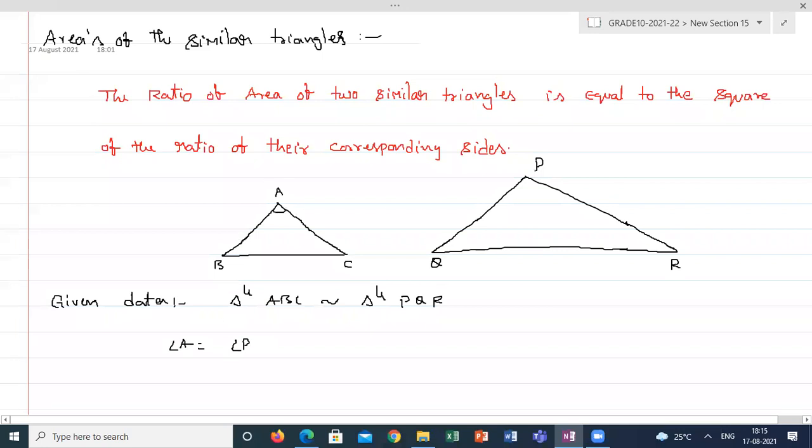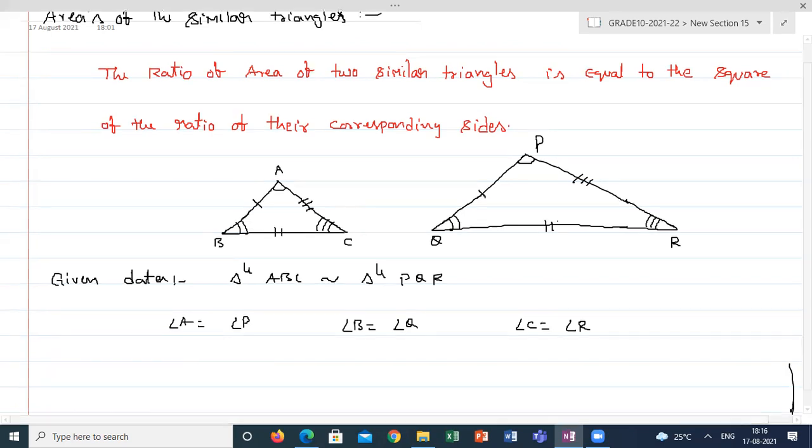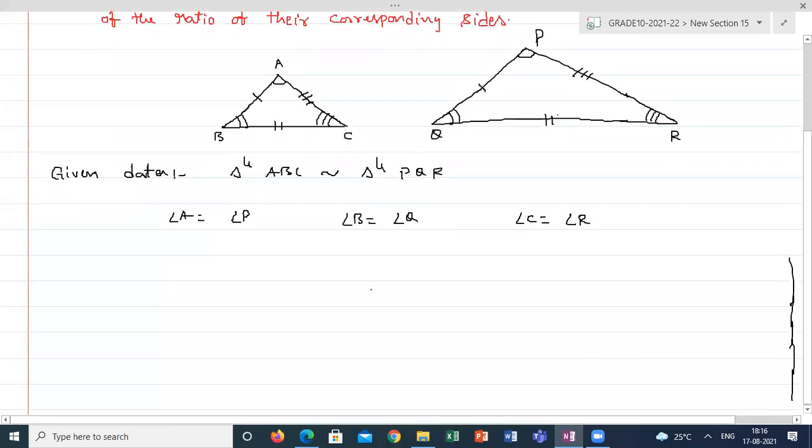Angle A is equal to angle P. Angle B is equal to angle Q. And angle C is equal to angle R. Then the corresponding sides are: AB corresponds with PQ. It's not equal, I am just saying corresponding sides. BC corresponds to QR and AC corresponds to PR. So if two triangles are similar to each other, the corresponding ratios are also the same.